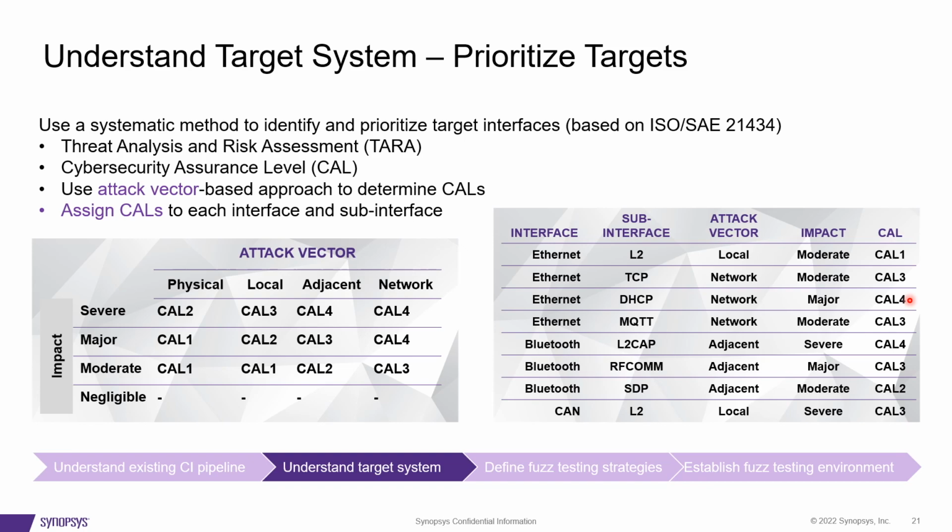On the other hand, for example, Ethernet L2 is local and moderate. We'll look again at our table on the left-hand side. We have local and moderate. We see that this is CAL 1. So we can now assign CAL 1 to that interface. So this helps us prioritize all the different targets in our software.